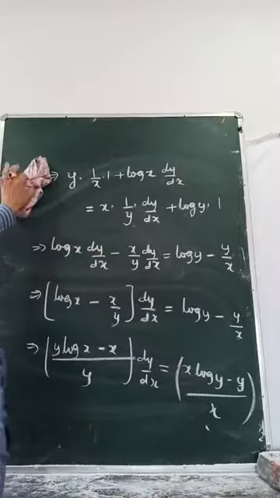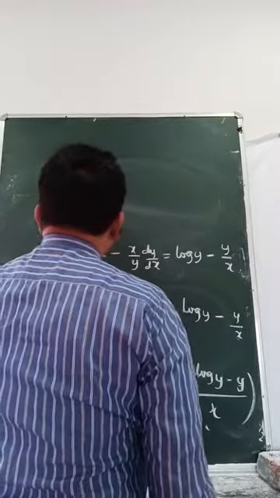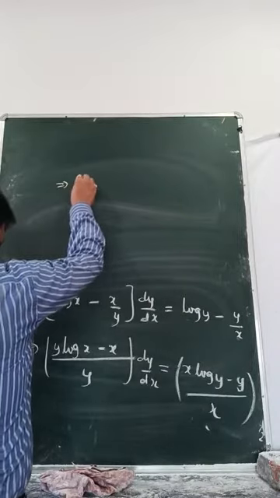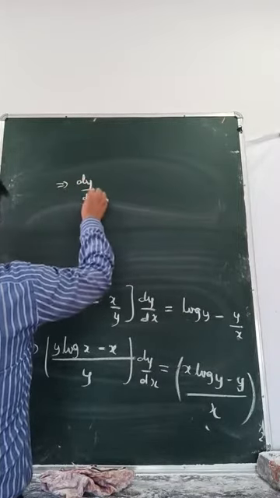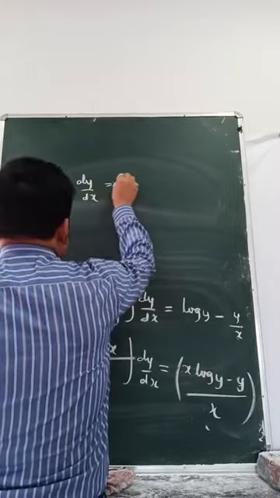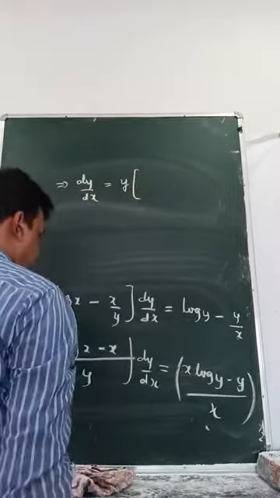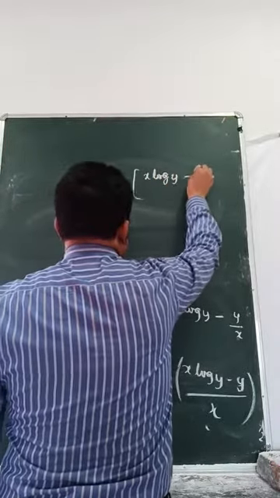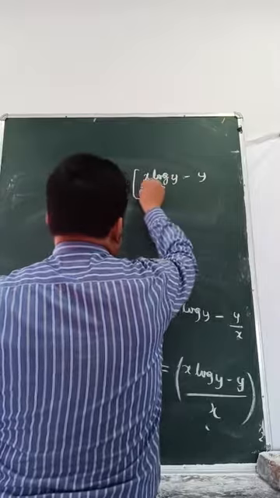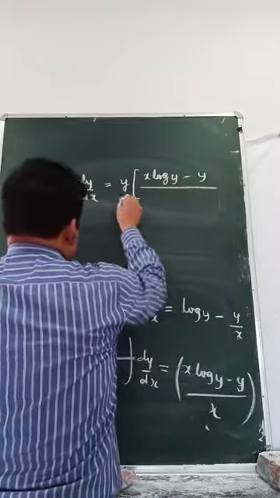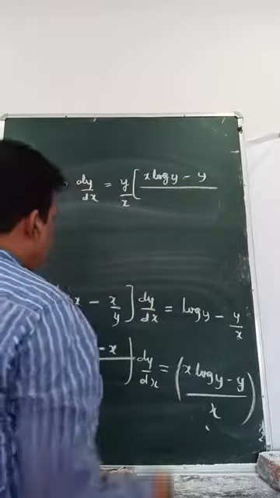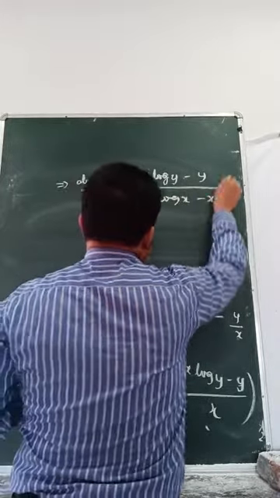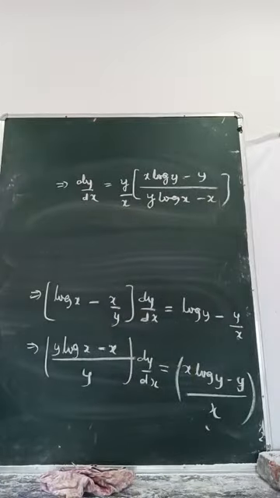So the final answer is dy by dx is y times x log y minus y by x. I can write here y log x minus x. Okay, this is one pattern.